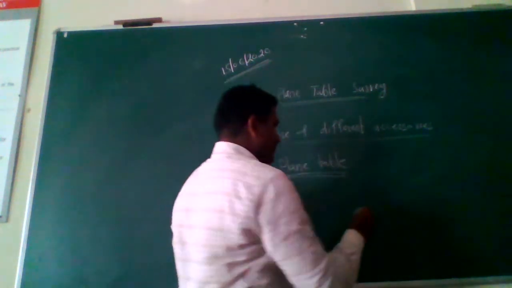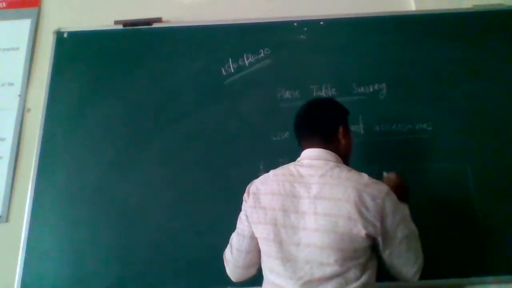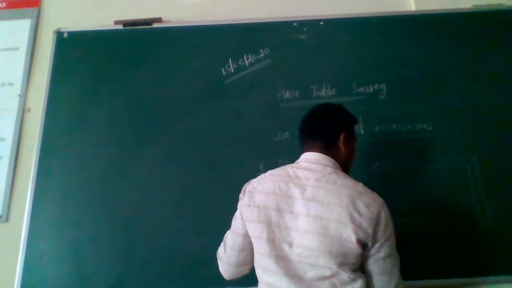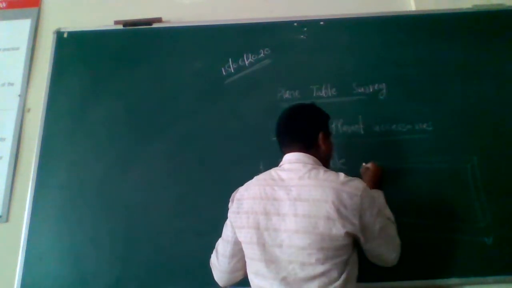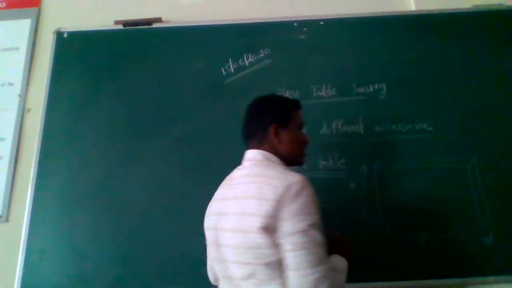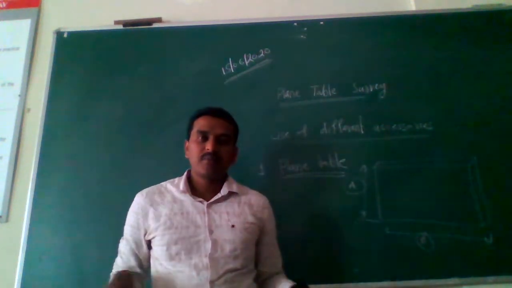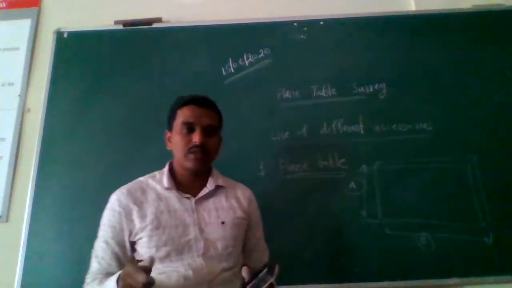Plane table is a simple wooden table having thickness, and a particular length and width. Plane table is simply a wooden sheet which you observe in the drawing hall of our college.